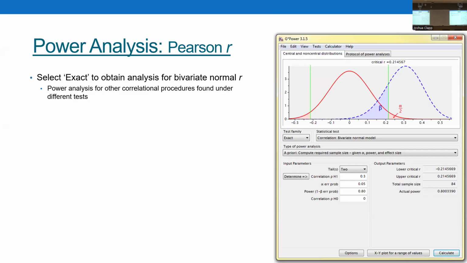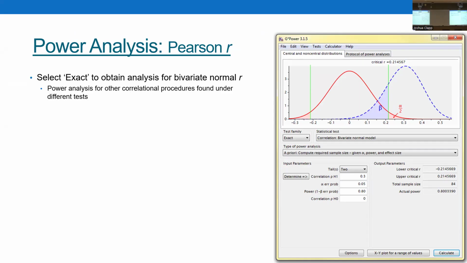All right, we'll finish with power analysis here. Again, in G*Power, it becomes really easy to determine the sample you'll need to adequately power your test of a given correlation. In G*Power, you select exact, and then you say correlation bivariate normal, a priori, two-tailed test.